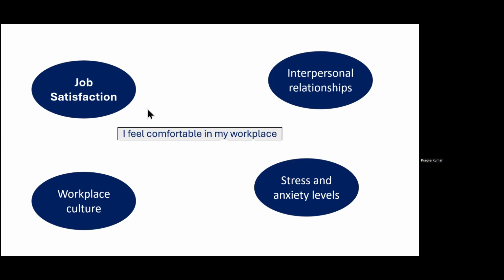This job satisfaction can affect this item, but this interpersonal relationship will also affect this item. So the change in score of this item is not only due to job satisfaction, but it might be due to interpersonal relationship, another construct, or workplace culture, another construct, or my individual stress and anxiety level.